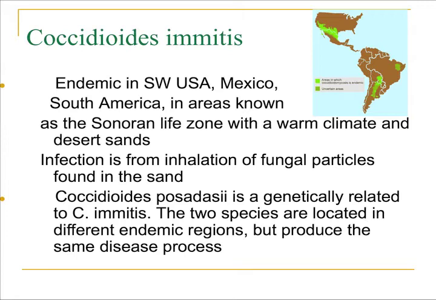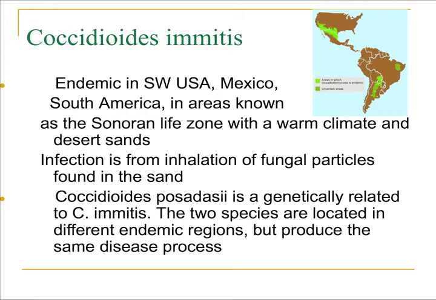But with taxonomic separation and good molecular techniques now available to us, they have found that there's actually two species of Coccidioides circulating around the world, and not just the one well-known immitis. These two species are primarily located in different endemic areas, but they produce the very same disease process, and they are morphologically indistinguishable in the microbiology laboratory.